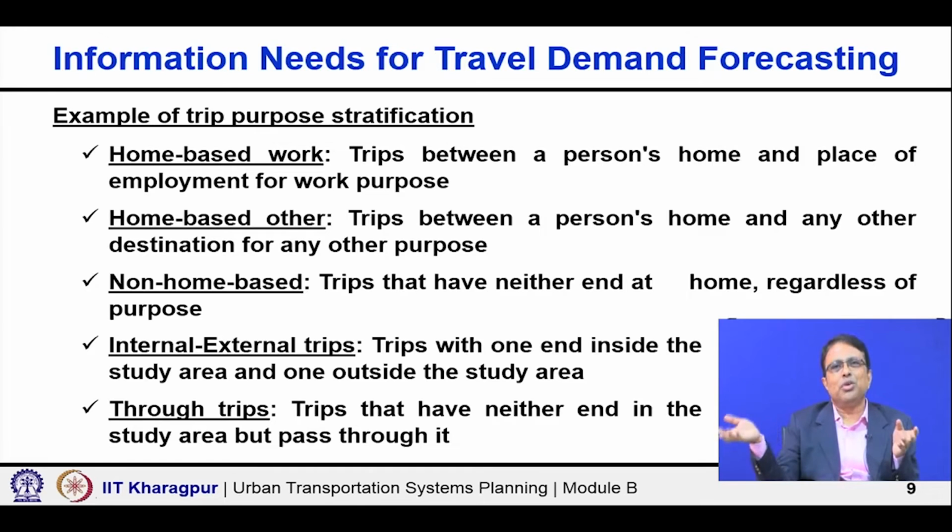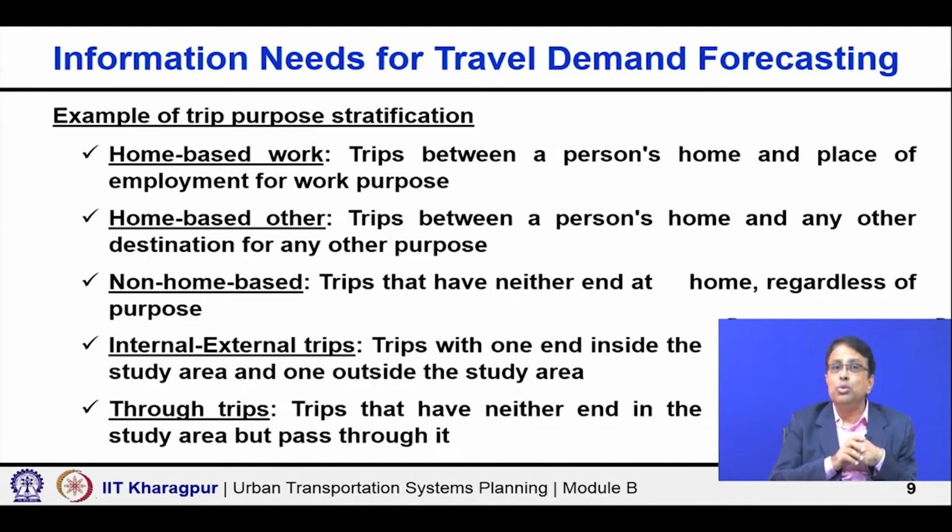You want to travel from A to B, A is not within your study area, B is also not within your study area, but the road connecting A to B is passing through the urban centers or urban area. So, that trip is still a relevant trip for you.